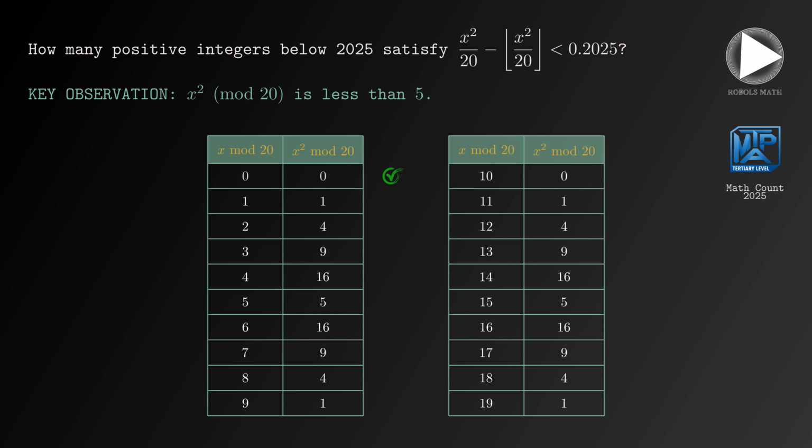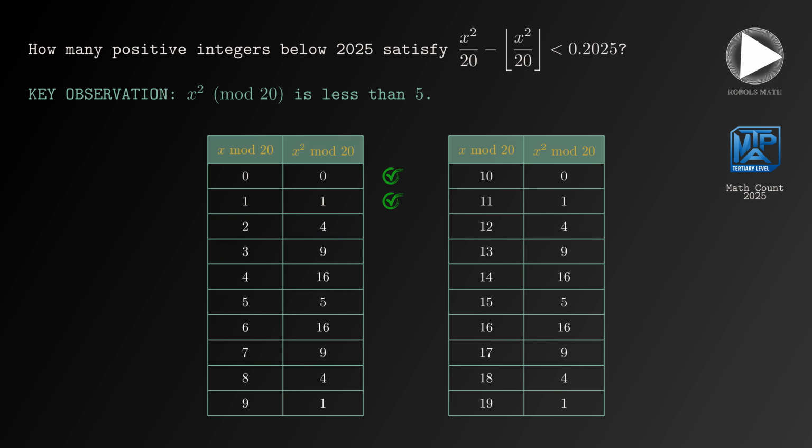When x is congruent to 1 mod 20, which is equivalent to saying that the remainder is 1 when divided by 20, the remainder of x squared when divided by 20 is 1, which satisfies the requirement. Numbers like 1, 21, 41, 61, and so on satisfy this modular congruence.